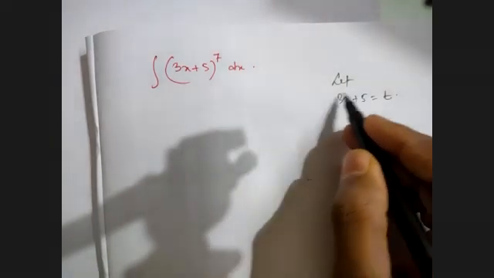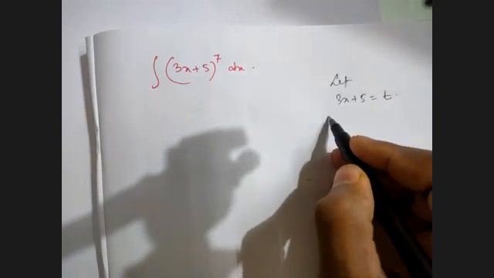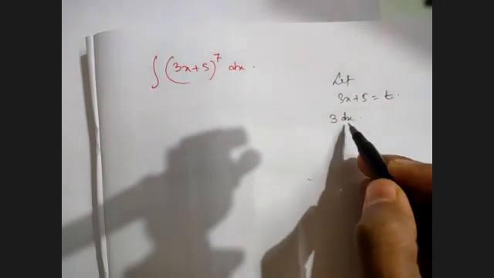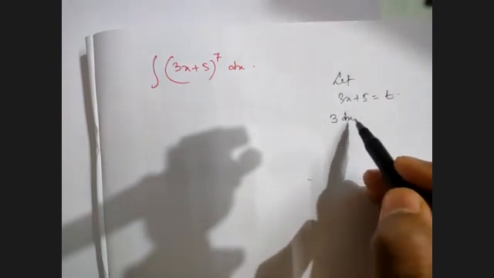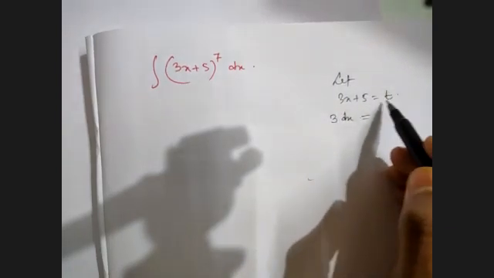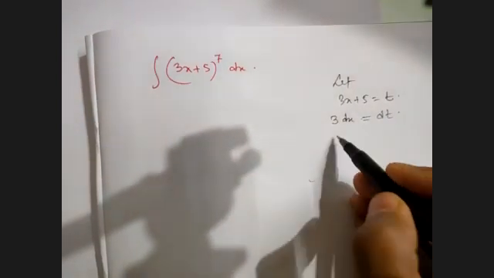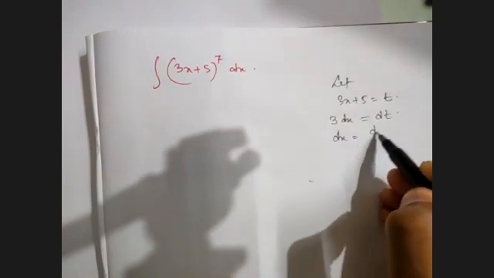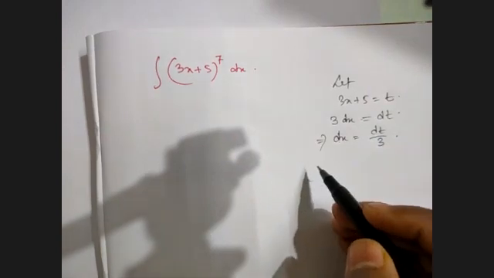That means if this side I am differentiating with respect to x, it will become 3 dx. If you differentiate it, you will get 3. So 3 dx is equal to dt, since the other side is a function of t. That means the value of dx is dt by 3.